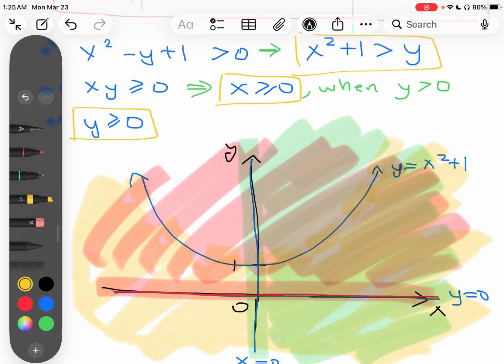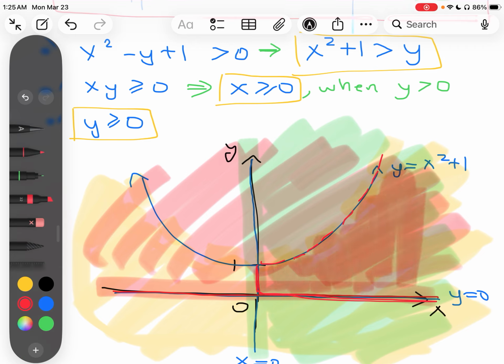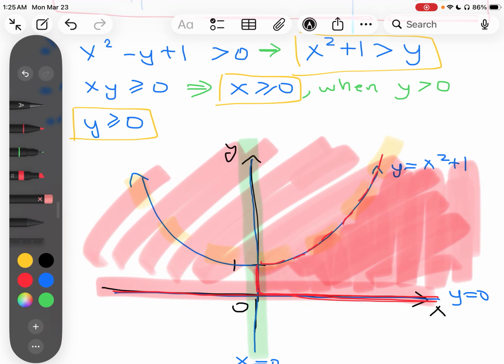If you can see, where do all 3 shaded regions intersect? I'm going to try to write it here. They intersect here, here, and here. So I'm going to color this in. I'm going to get rid of all the other stuff so it doesn't look too messy.